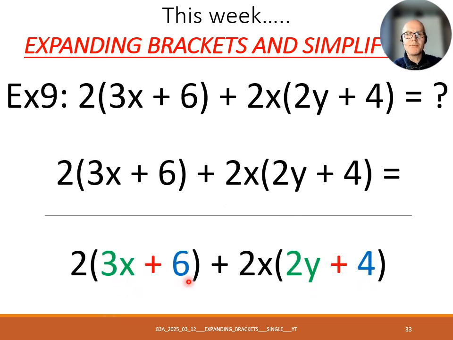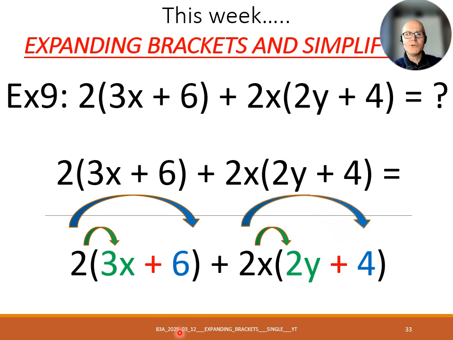Okay, we've color coded it up again. Two times 3x and 2 times 6. 2x times 2y and 2x times the 4. That's going to be the stages and multiplications we're going to have to work out.